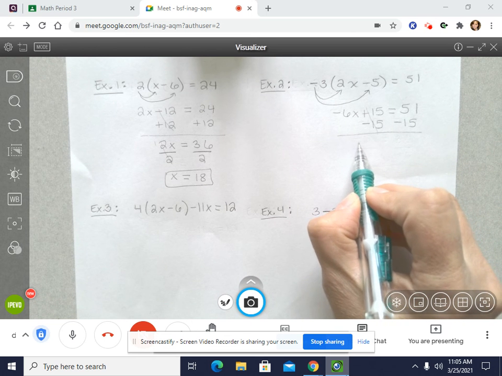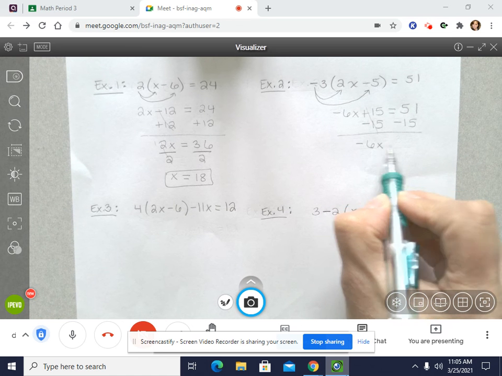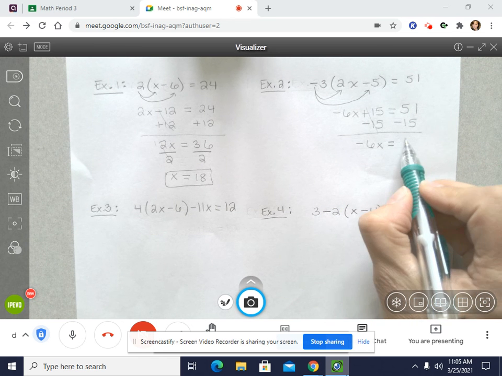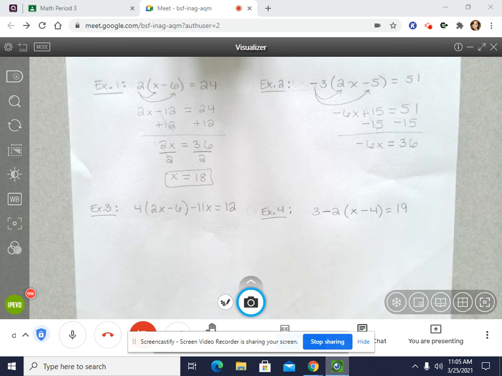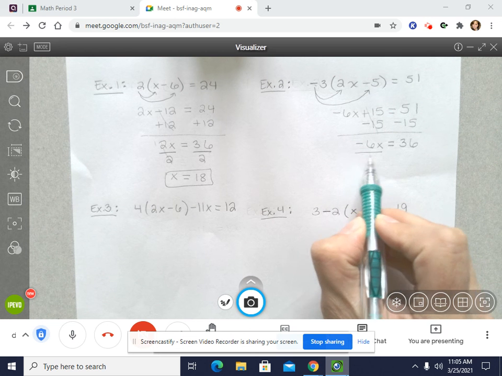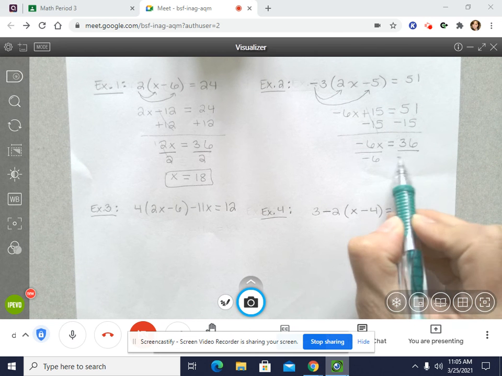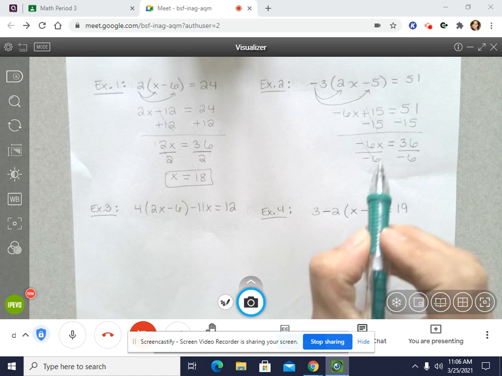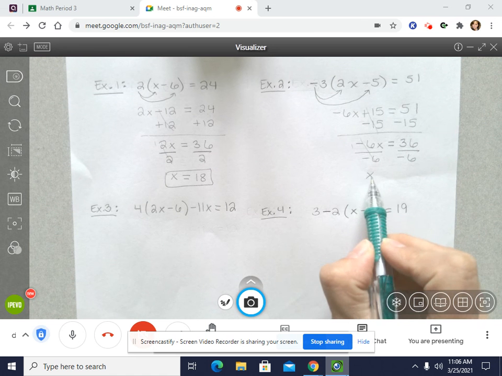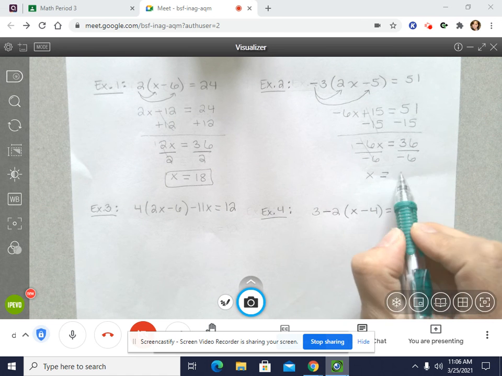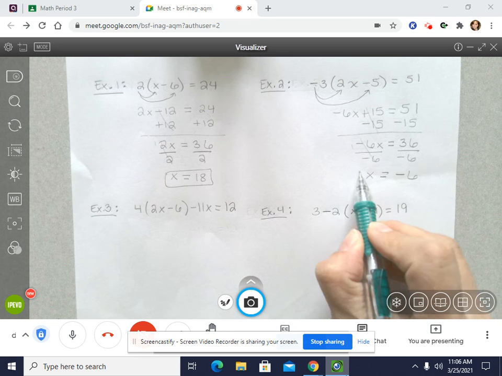So bring down what's left. We have negative 6x equals 51 minus 15 is 36. Now you have a one-step equation. x is being multiplied by negative 6. Undo that by dividing by negative 6. Negative 6x divided by negative 6 is just 1x, which is x, equals 36 divided by negative 6 is negative 6.